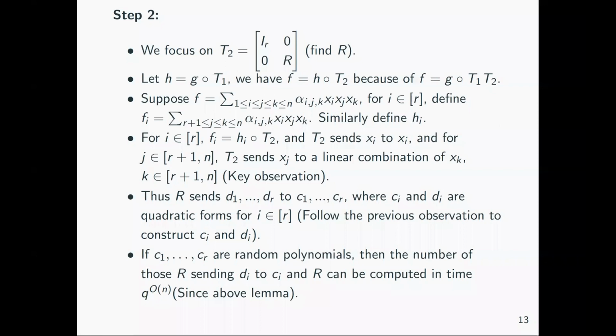Because of this key observation, we can construct a series of quadratic forms C1 to CR and D1 to DR, and R sends D1 to DR to C1 to CR.